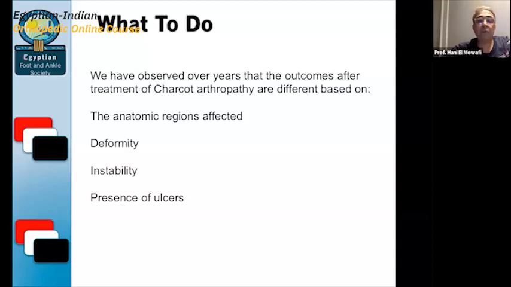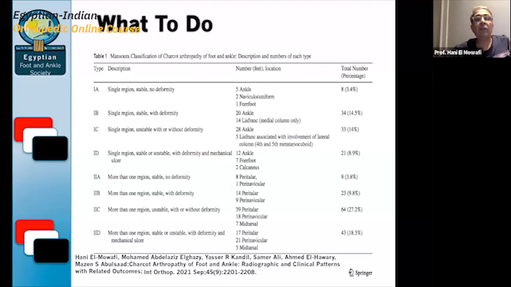And also whether the foot is stable or unstable. And of course, the most important thing you have to look into in these cases is the presence of an ulcer or not. All of them we introduced in 2021 as what is called the Mansoura classification of Charcot arthropathy.